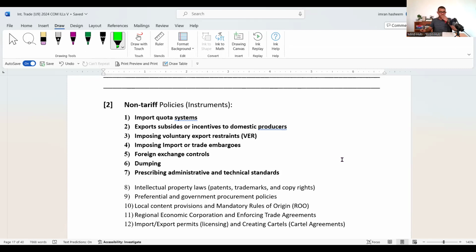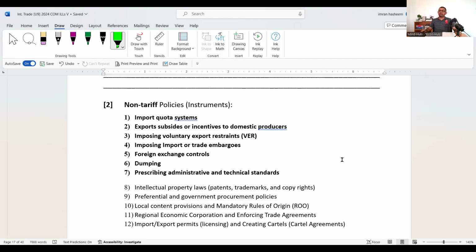If you want to make a note, sometimes they will use those terms: import duties, customs duties, taxes, tariffs. Tariff is a special word we use when it comes to taxes on international trade. Get it? That's another word for taxes, duties.